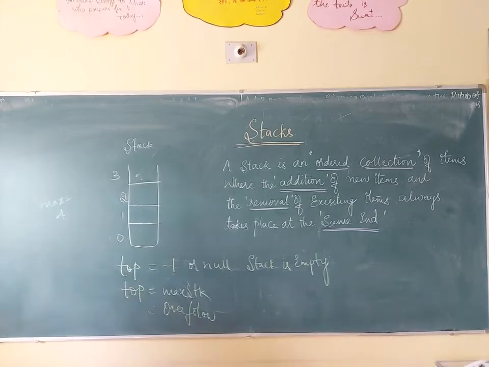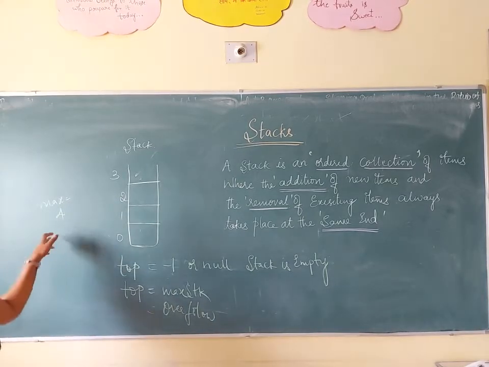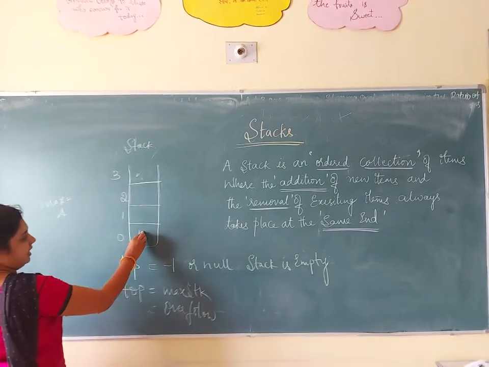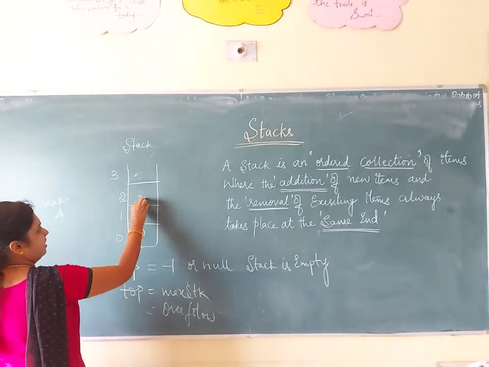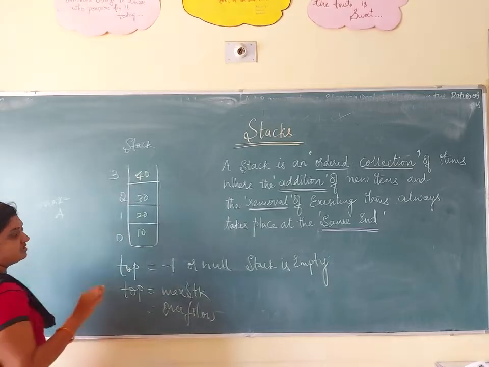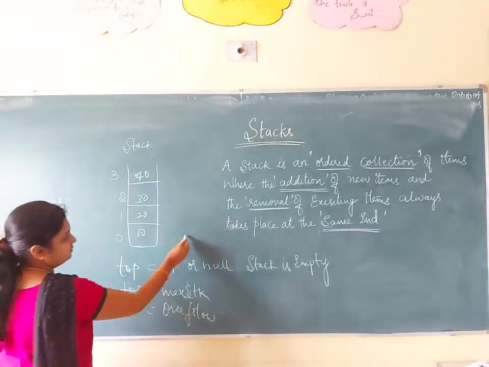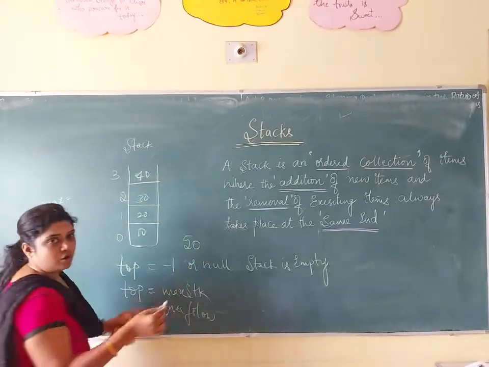4. So how many items can I insert? Only 4: 0, 1, 2, 3, that is 10, 20, 30, 40. Suppose I want to add one more item, that is 50. It's not possible.